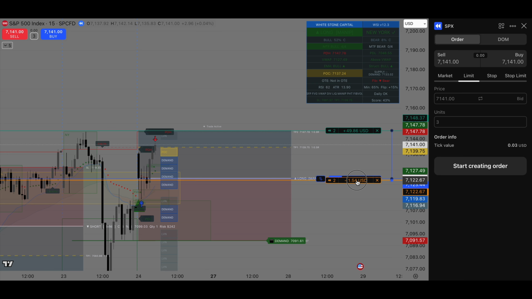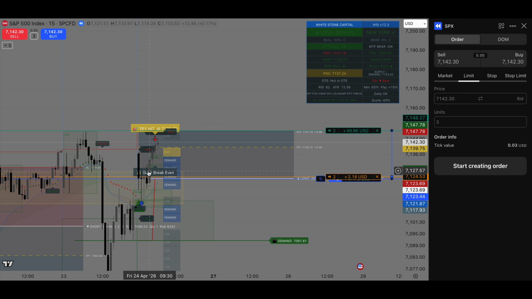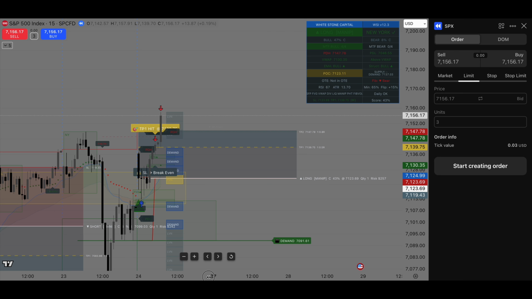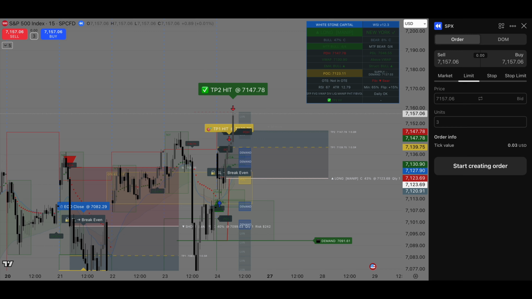Then we can move our stop back to break even after hitting TP1, just like it says, stop loss to break even. So now it's a risk-free trade, and we end up hitting full TP, and we get a signal for TP2 hit.